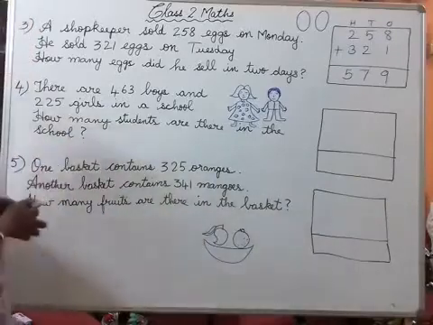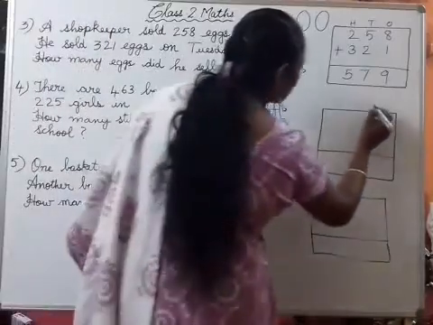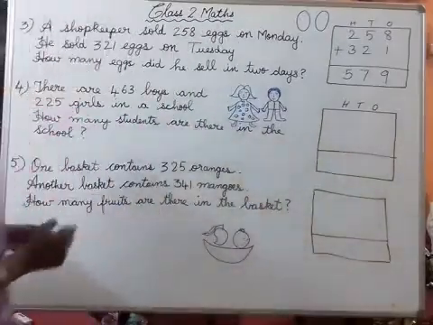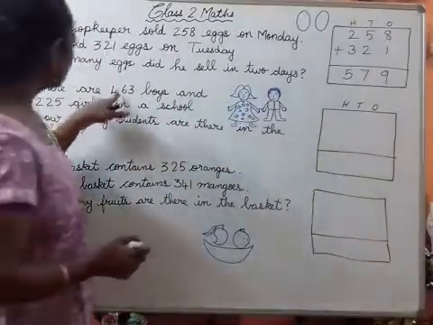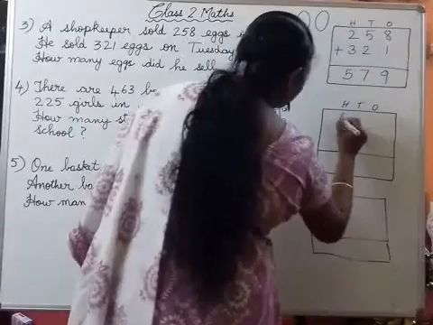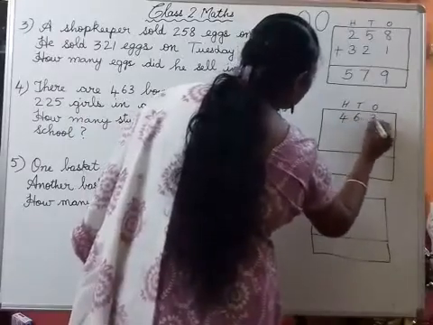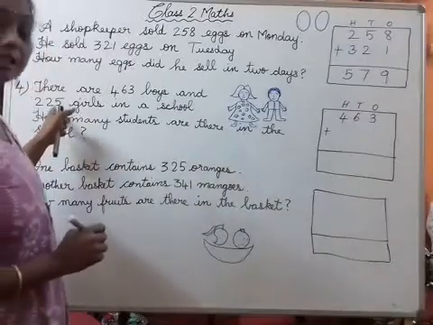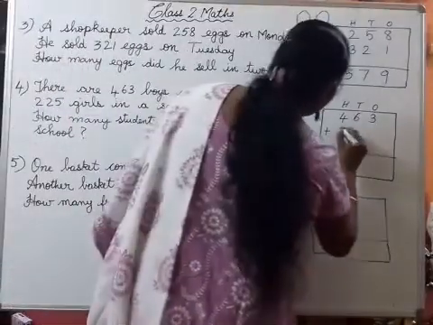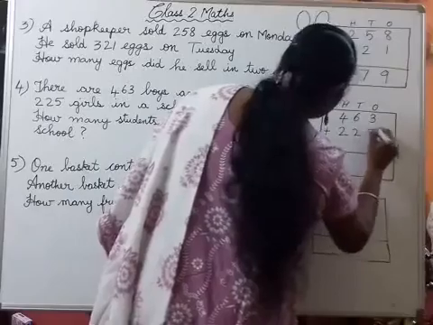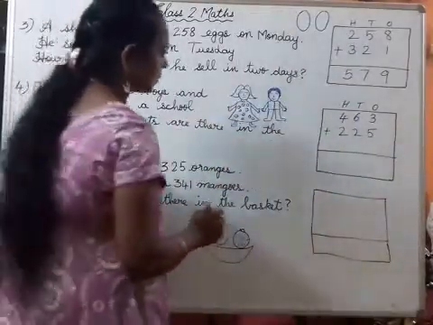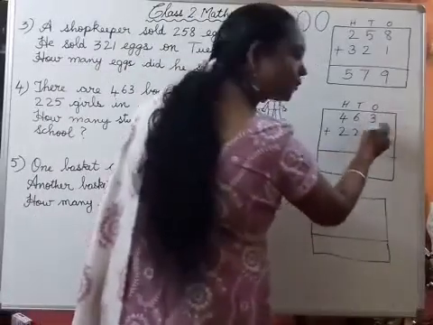So first step we will write ones, tens, hundreds. After that how many boys are there? 463 plus 225 girls. So now we have to total these two numbers. 3 plus 5 or 5 plus 3.